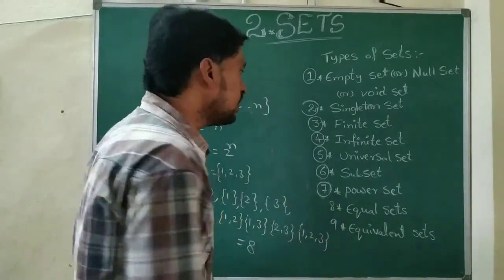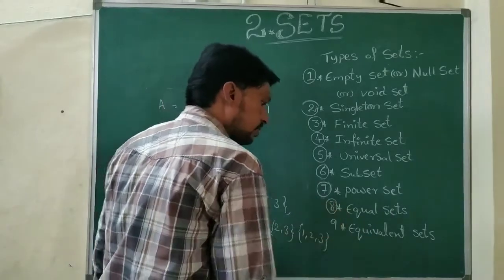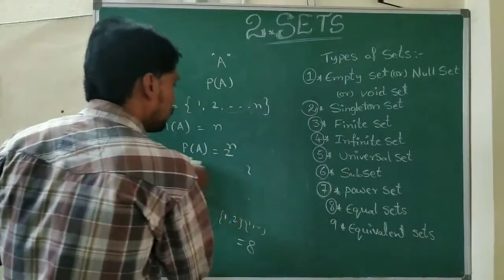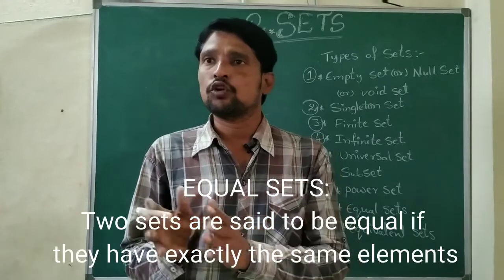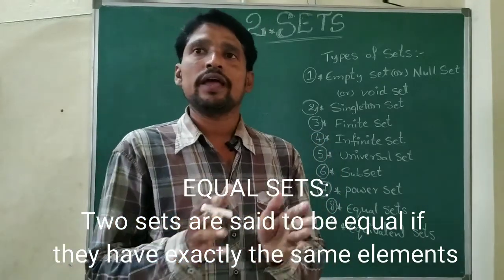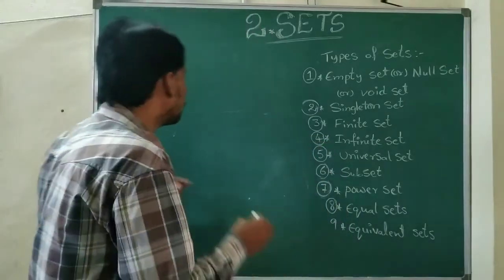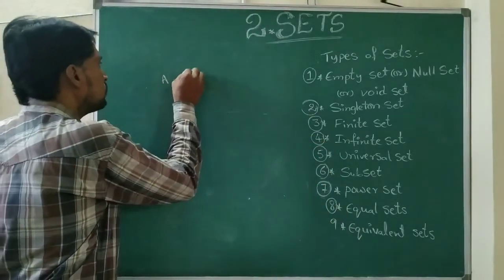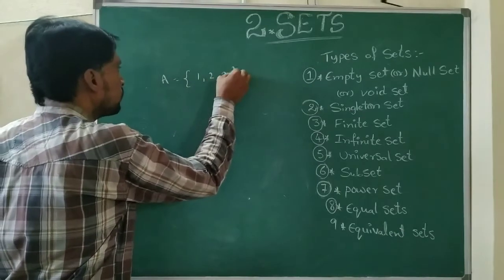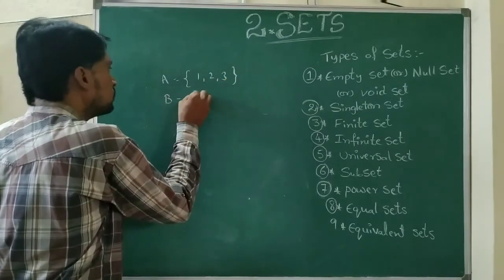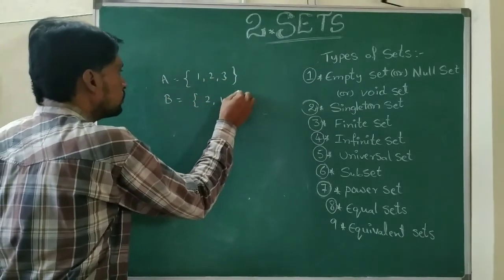Next one is equal sets. Two sets are said to be equal if they have exactly the same elements. For example, A equals 1, 2, 3 and B equals 2, 1, 3.